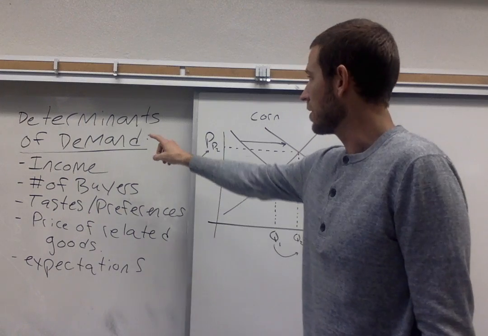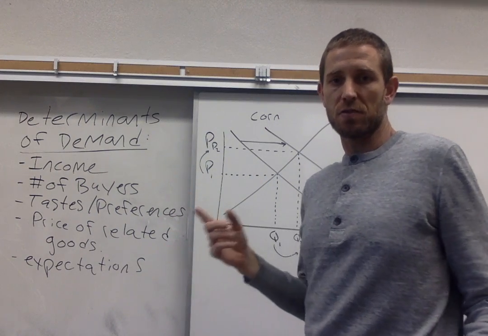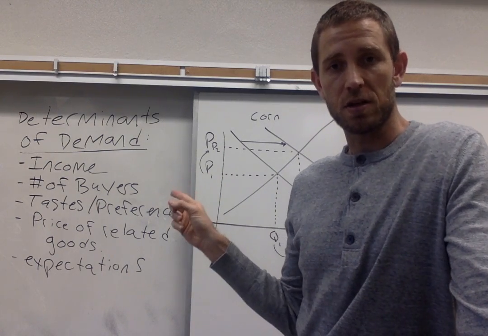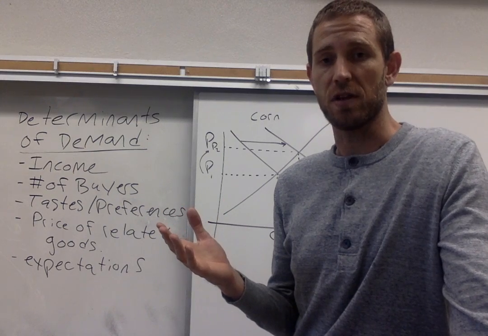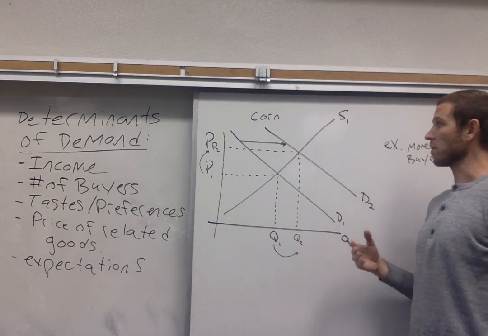I've listed here on the board something called the determinants of demand. These are really important for understanding how to work with our model. These determinants of demand are all assumed to be fixed for any demand curve that you've drawn. Right? So for example, I've got here on the board the demand for corn.